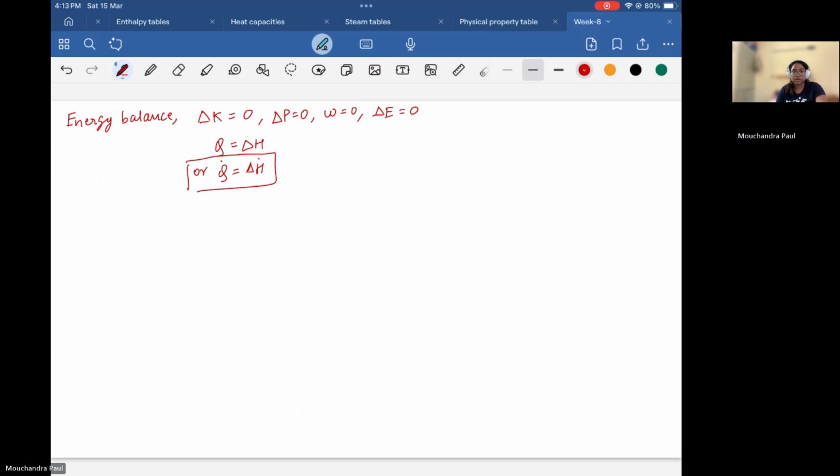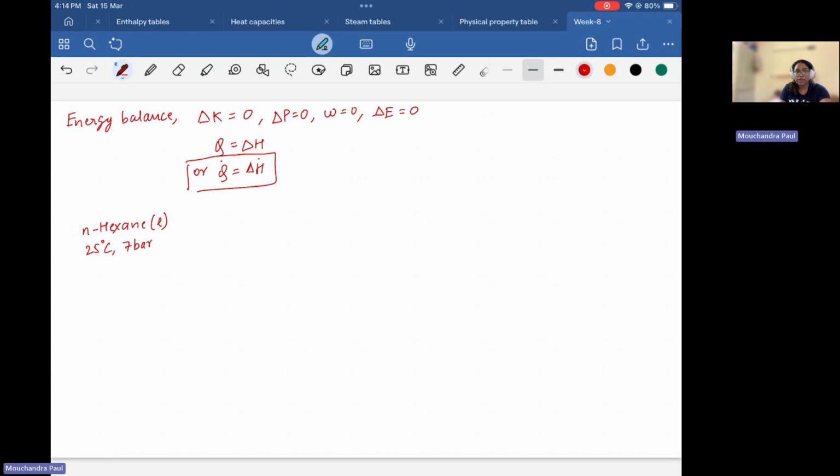Okay. Now the n-hexane is in liquid state. Initially it is in a liquid state at temperature 25 degrees Celsius, 7 bar pressure.